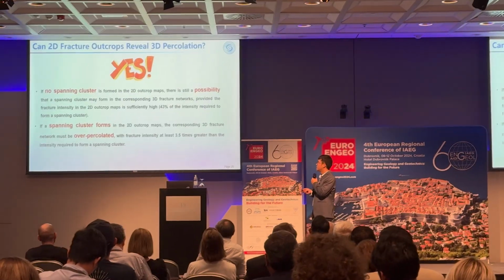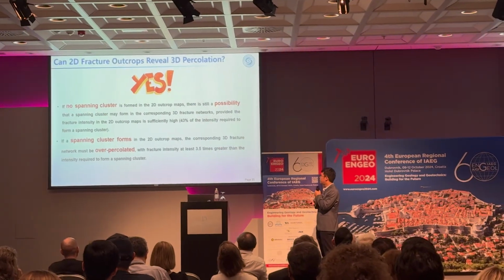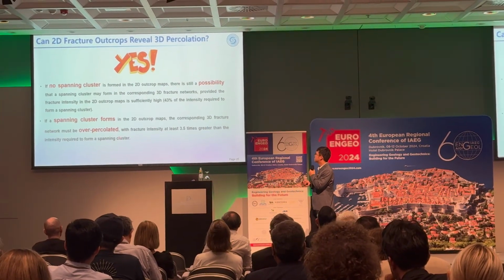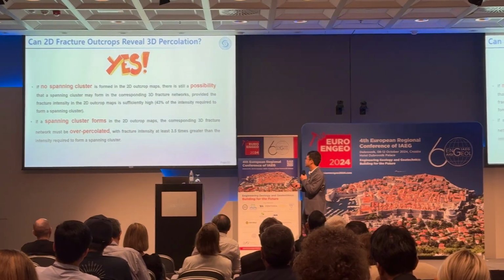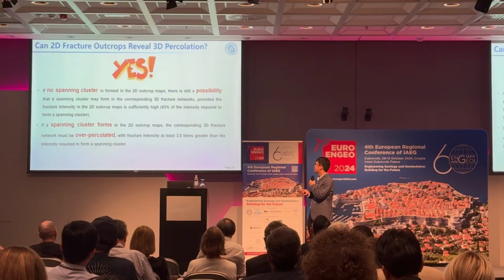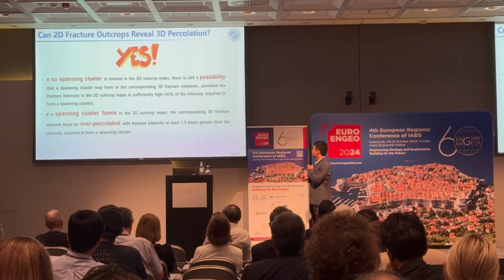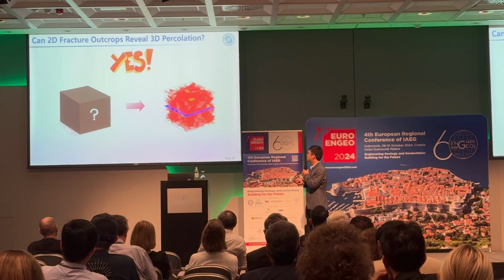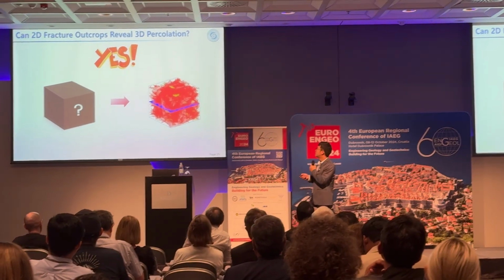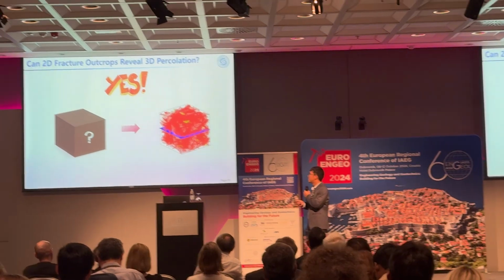And if there is a spanning cluster already formed in the 2D outcrop maps, then the corresponding 3D fracture networks must be overpopulated. And we also give you a quantity: the intensity should be at least 3.5 times larger than the intensity required to form a spanning cluster. So now, subsurface fracture networks are not a complete black box to us, because we can know something.